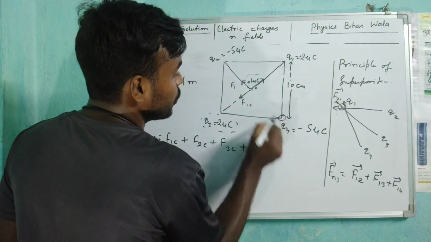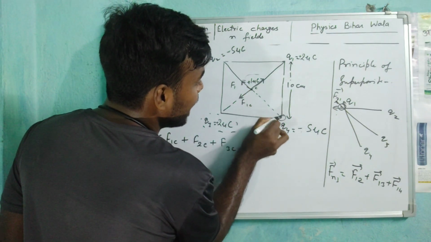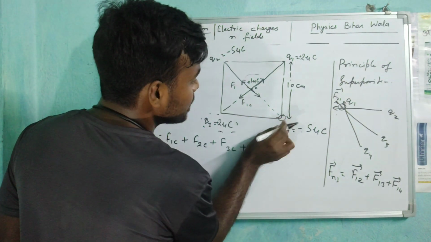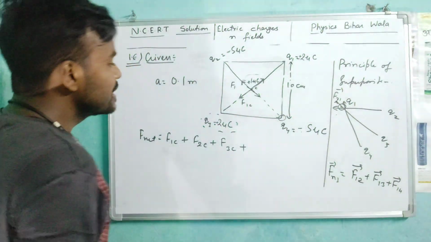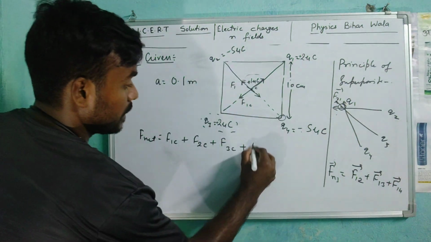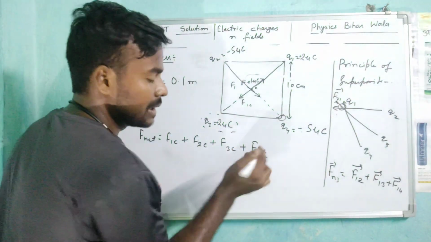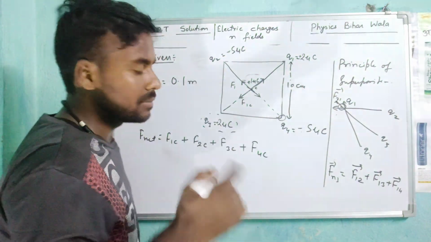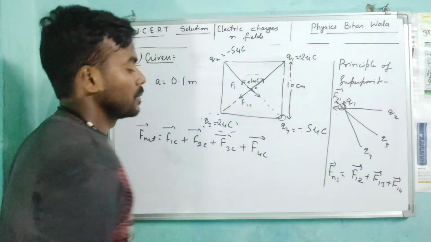Now Q4 is minus and the center is plus, so the center charge feels an attractive force toward Q4. This is 4C. Now individually we will find these and do the calculation. This is called the superposition theorem.